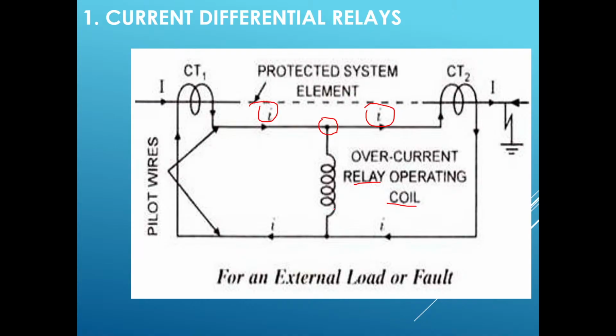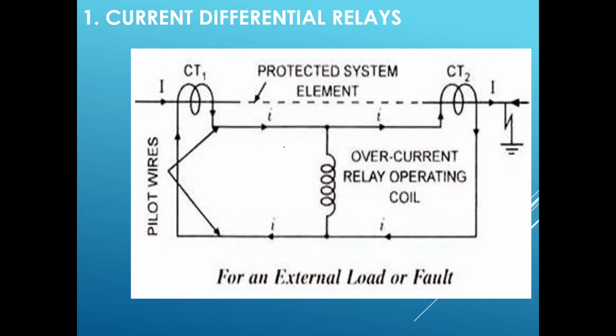It's an operating relay. In this relay, current can flow only when there is a difference between the entering current and leaving current. I have simply written E and L for the entering current and leaving current. If their magnitudes are the same, then no current will flow.